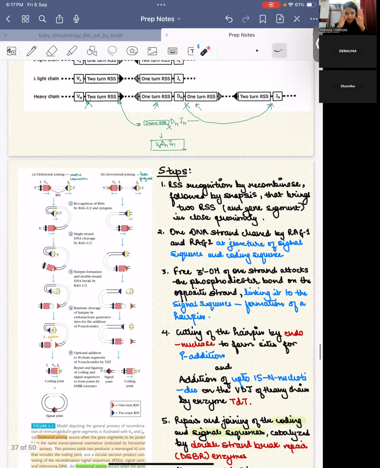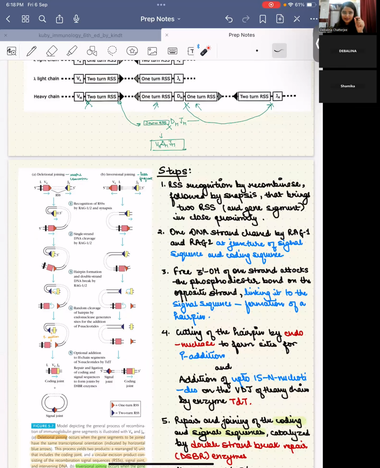We have two players in this process. So say one of them is going to recognize it. Once your RAG1 recognizes this RSS signal, it facilitates the further binding of RAG2. This RAG2, before it comes in association with RAG1, has also recognized the RSS sequence of the other gene segment.